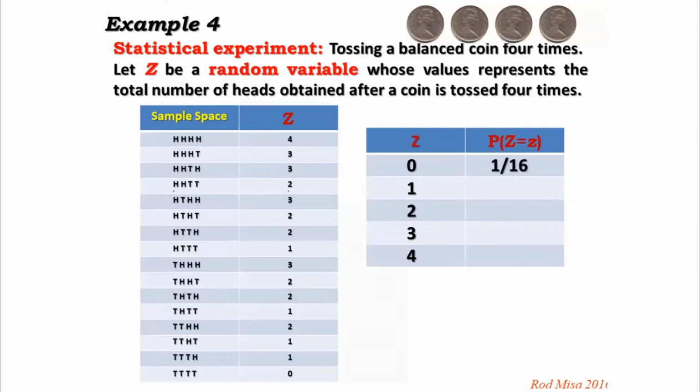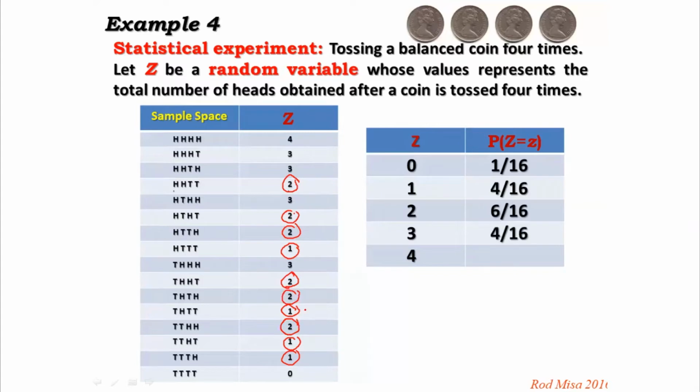And 0 could occur in 1 out of 16 possible outcomes. But 1 occurs in 4 out of 16 possible outcomes, if you count how many ones here. And 2 occurs in 6 possible ways: 1, 2, 3, 4, 5, and 6 here.